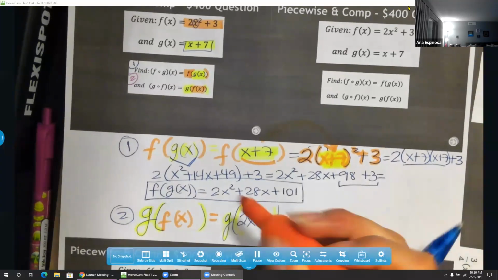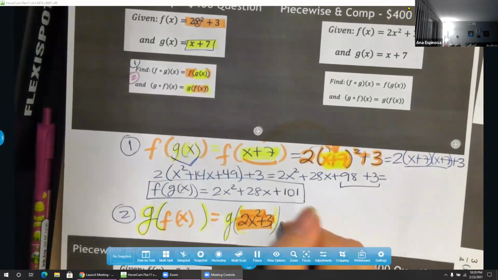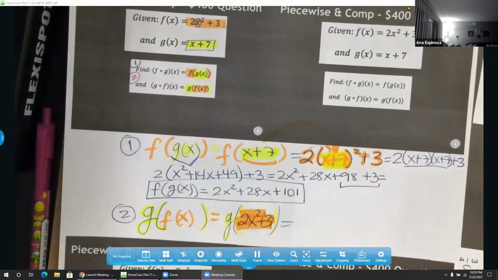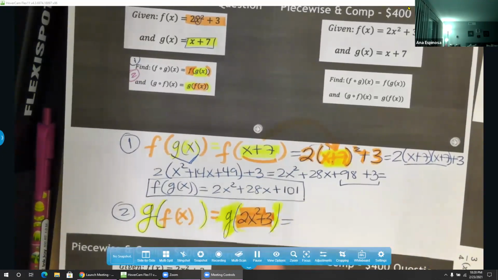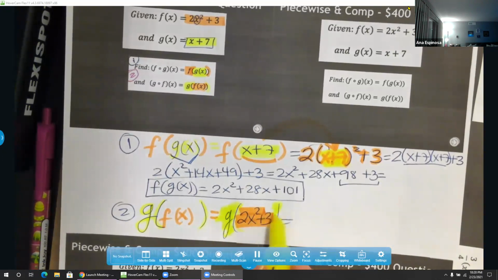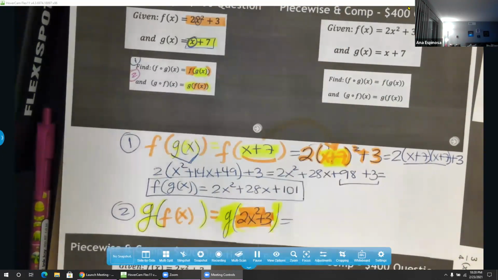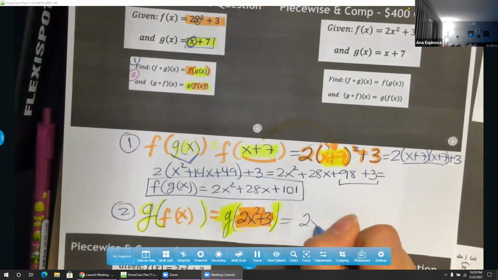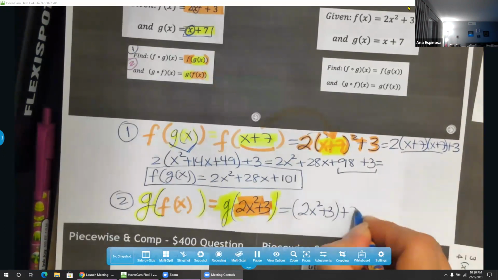That's an orange. So now this sends me to the yellow function. So I'm going to go to the g function and plug this whole thing in for here. Okay, so that's going to be 2x squared plus 3. That's this little piece, and I'm just going to add 7.